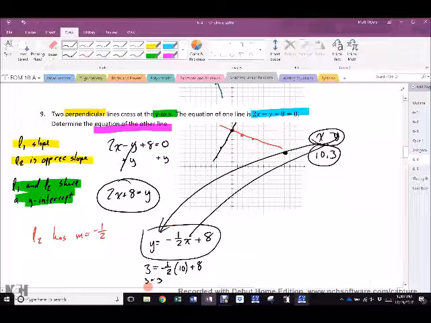What if it wasn't equal? Could I put that x and y into this equation? Could I put it in? Does that have an x and a y value? Yes. Could I put it in here? Would it work? No, because it's not on that line. Everybody understand? Could I put this into this equation?